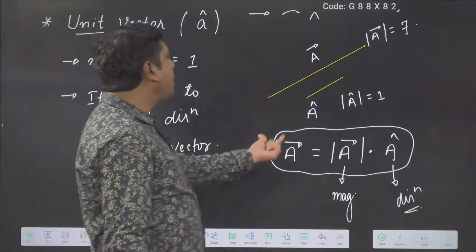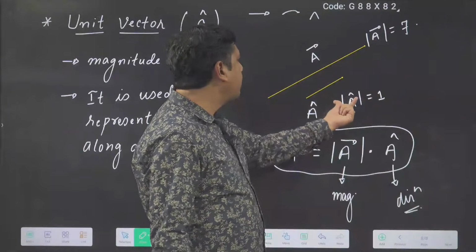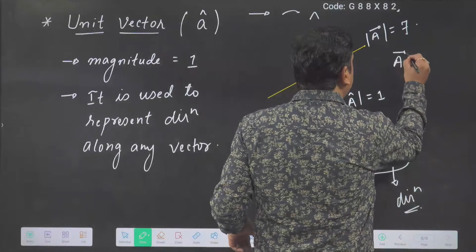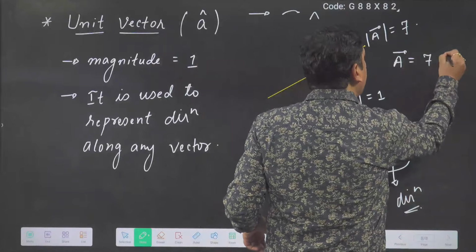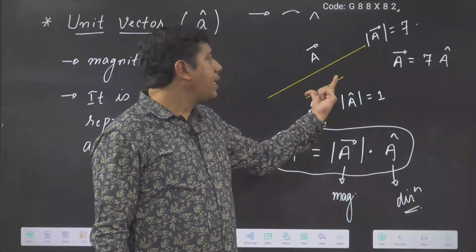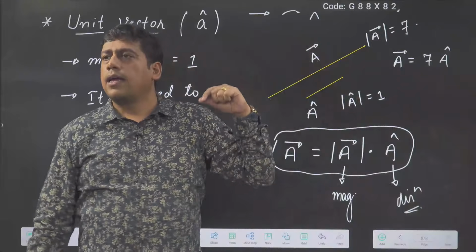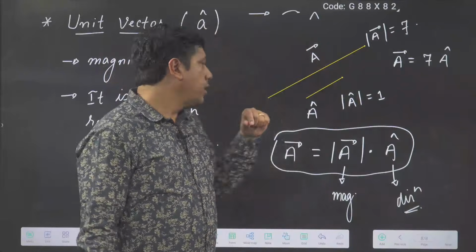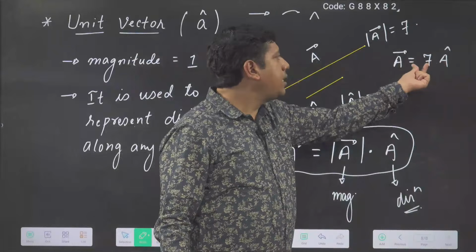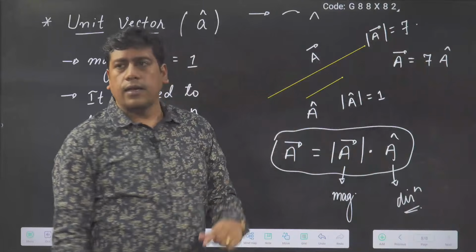Can I write vector a is nothing but 7 times a cap? This is a cap, and if you multiply it with 7, then 7 times a cap becomes the vector. So a vector can be written as the unit vector multiplied by its magnitude.